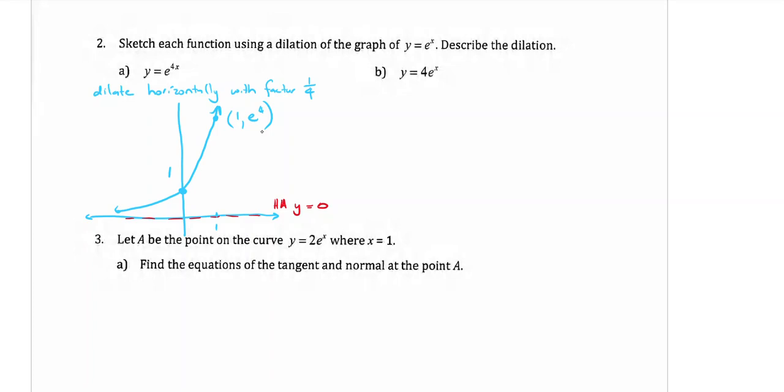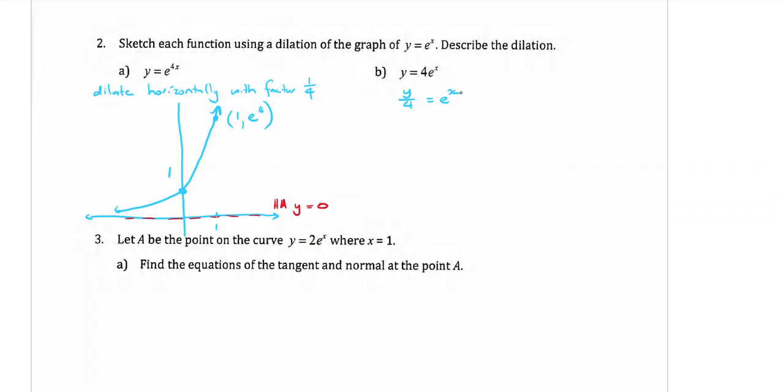Okay, part B. Am I dilating vertically or horizontally? Vertically. The 4 at the moment is over here with the e to the x, but normally we like to, if we can move it across to the other side, we would get y over 4 equals e to the x. Then you can see, here's my y over a part.